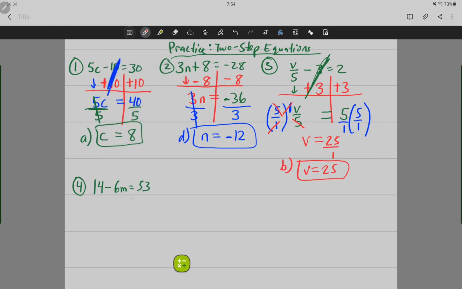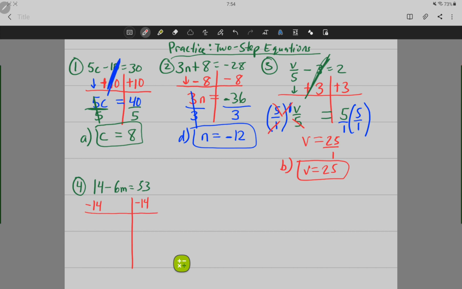So equal sign, let's draw the line. Now we want to get rid of the positive 14. So the inverse or opposite operation is to subtract 14. And we need to balance the equation. Whatever we do on one side, do the same exact thing to the other.